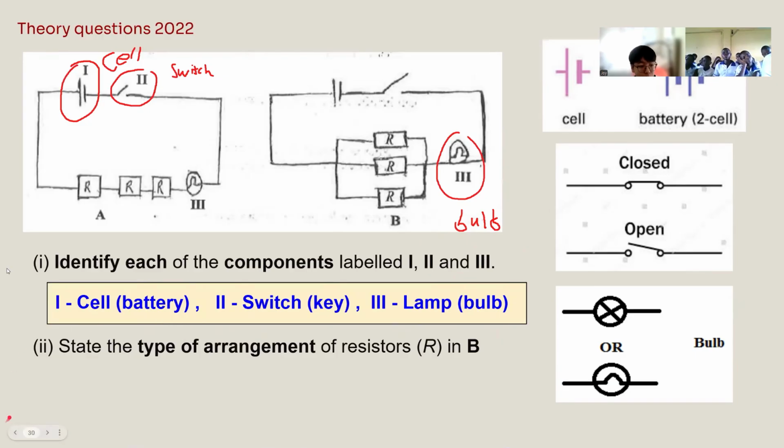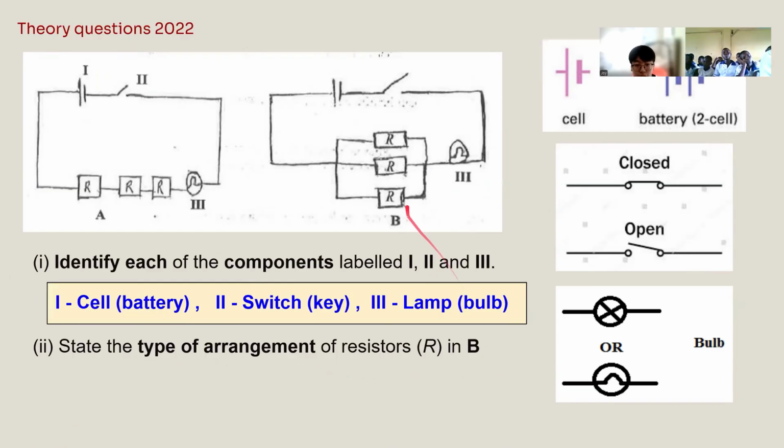Okay. Number two, state the type of arrangement of resistors in B. So what would this arrangement be? Is it series or parallel for B?